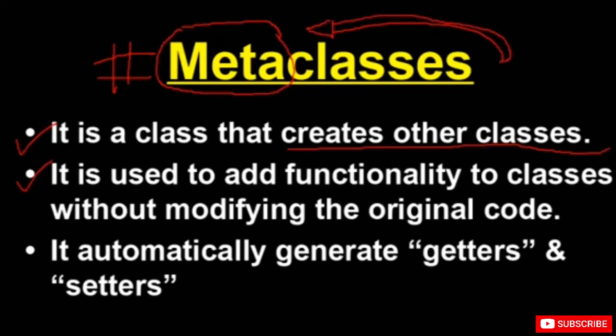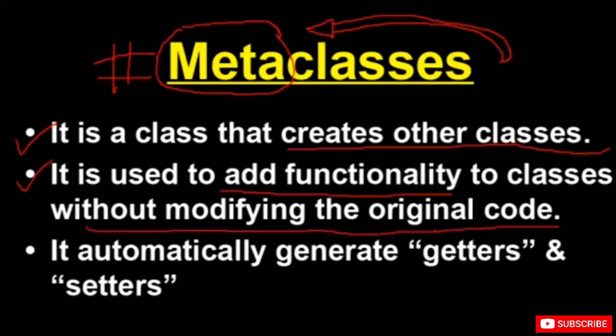Okay, the second point is to add functionality without modifying the original code. Well, we are not modifying the original code, but we are still adding new data. It's a kind of thing like a parent teaching, or a teacher teaching their students or kids some new skills.